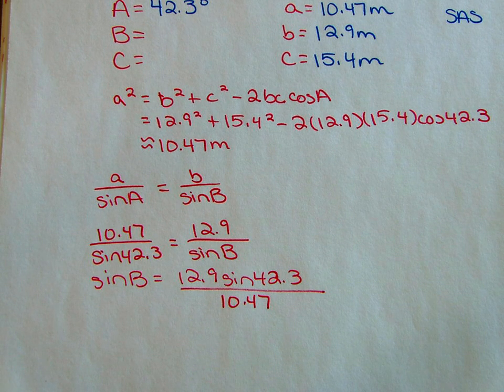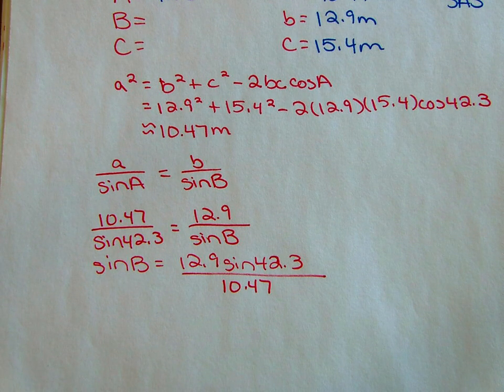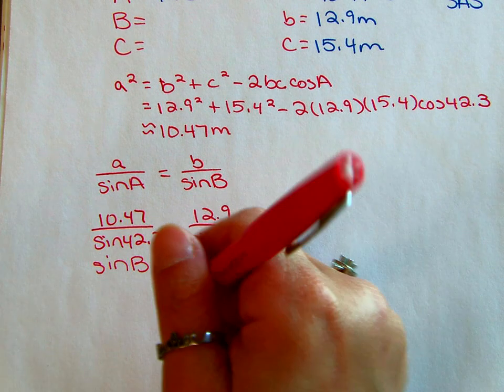But remember, if you type it in like it is right there, that's going to give you a really crazy decimal, because that's sine of B, so you have to take the inverse sine of all of this in order to come up with actually what B is.